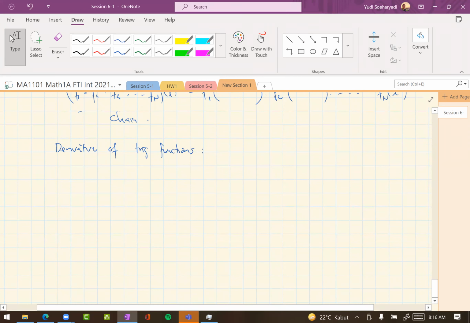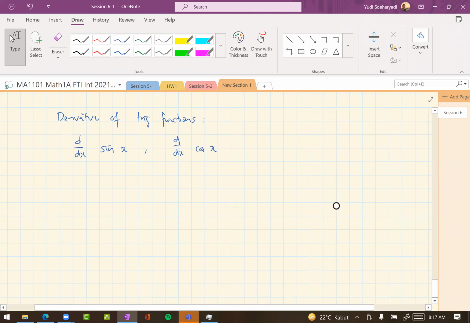Okay, so the question is, let's compute this one. Well, if we are able to compute this one, then we know how to compute the derivative of tangent, because tangent is just sine over cosine. Okay, so let's see this one.